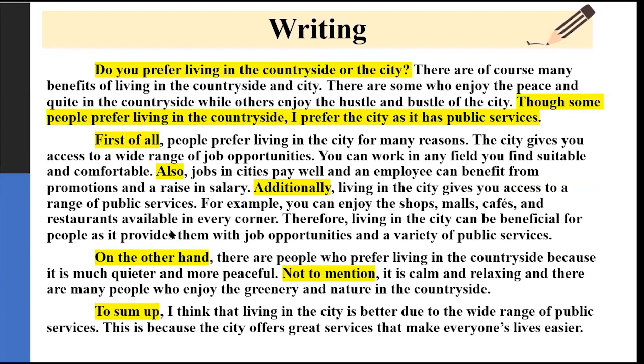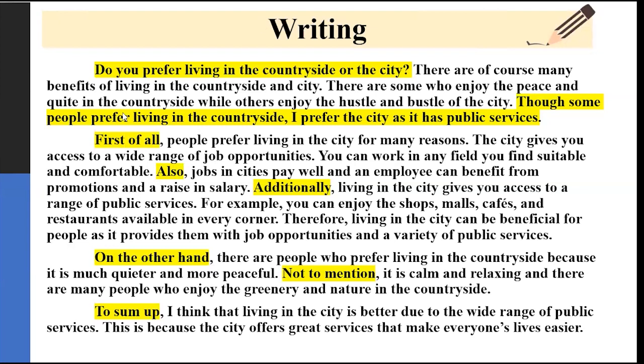And then, when you move on to the body paragraph, you must write a topic sentence and you have to use a transition or an opening word. Okay. I used first of all, I could choose firstly, or I could say one of the benefits or one of the reasons that people prefer living in the city is, and I give my reason.